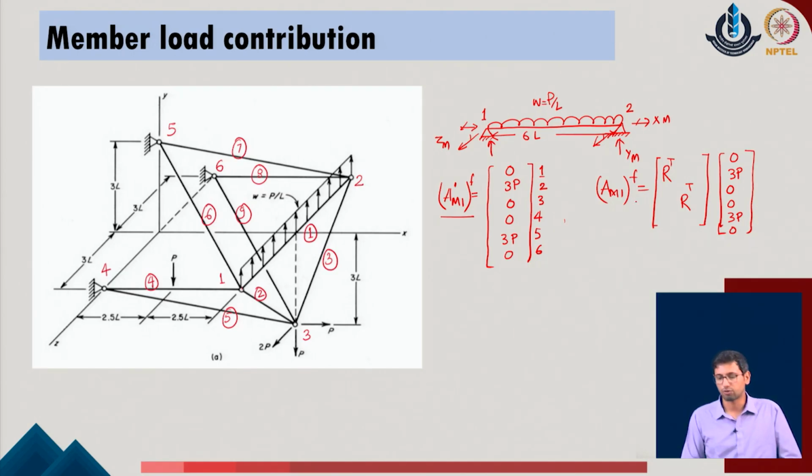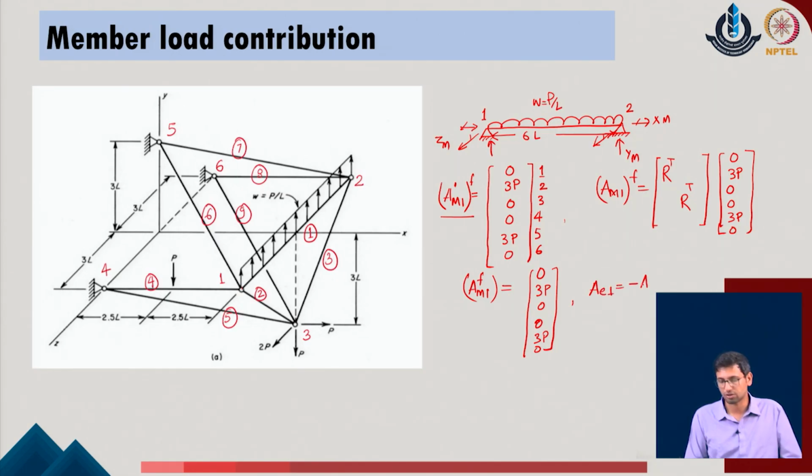In the same manner, if you do this R transpose expression on the given system, you will realize that this gives you a force which is directly in the direction y. So, A of m1 with respect to the fixed end part comes out as 0, 3P, 0, 0, 3P and 0, and we understand now AE1 will be equal to minus of AM1F in the given problem.